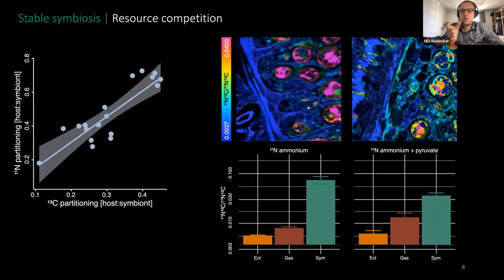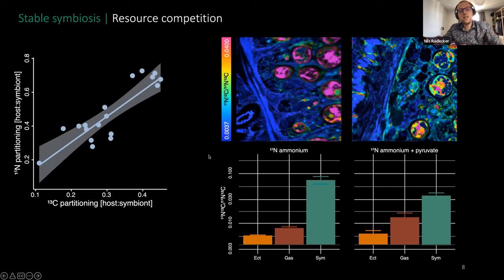So a carbon backbone, and we can see that the carbon is utilized by the host to now, throughout the entire tissue, assimilate ammonium into its own biomass. And by doing so, we see that we have more ammonium uptake in the host tissue and proportionally less uptake by these algal symbionts. So the host and the algal symbiont compete for the same nitrogen source, and the more the host assimilates, the less is available to these algal symbionts.